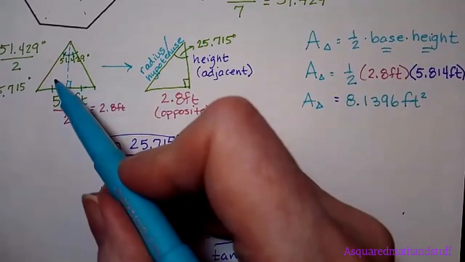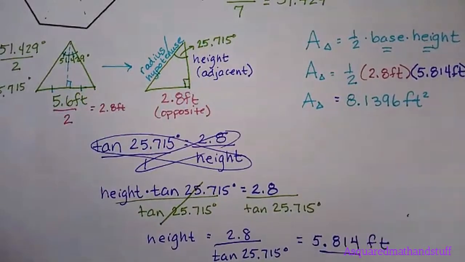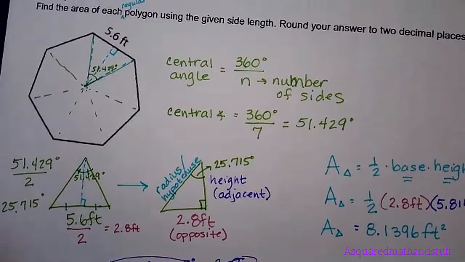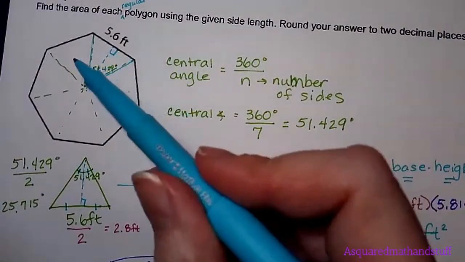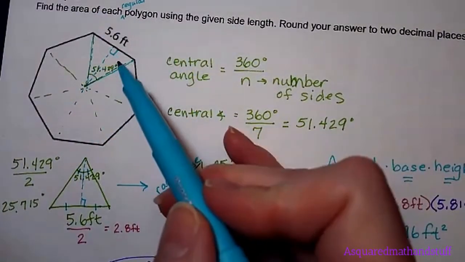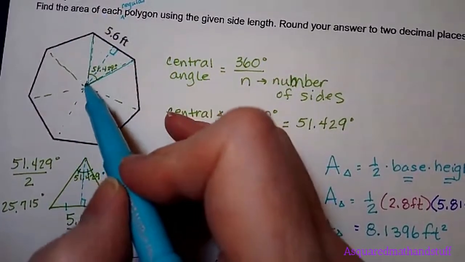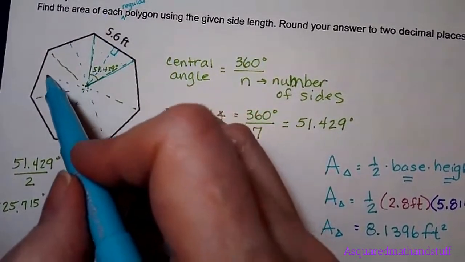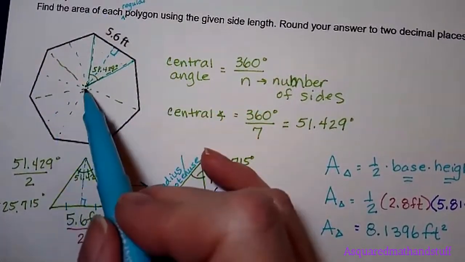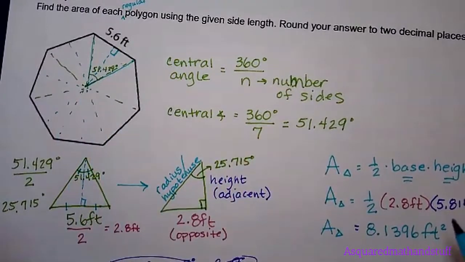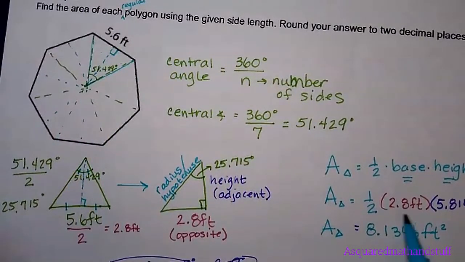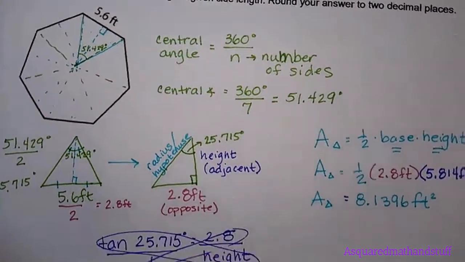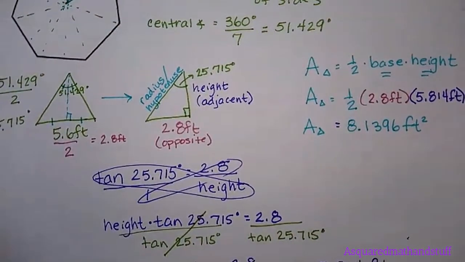But there's 2 right triangles in each of these larger triangles. And then there's actually 7 full triangles in here, but each one of them is part of 2. So if we drop the height on each one, we end up with 14 of these smaller triangles. So we need to multiply this area that we calculated here by 14. So let's do that.